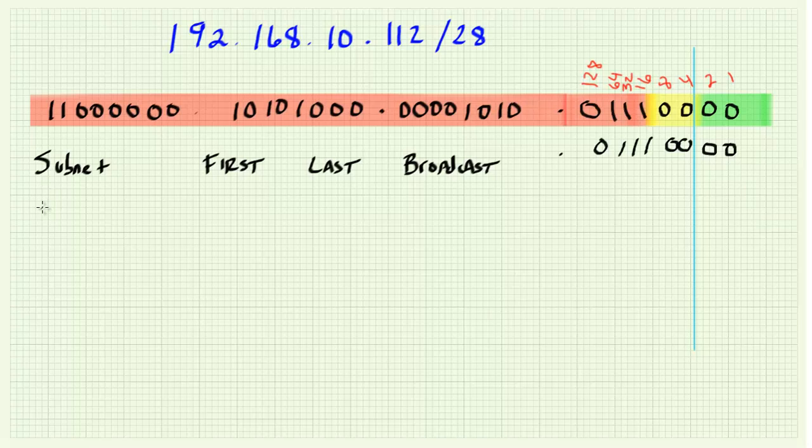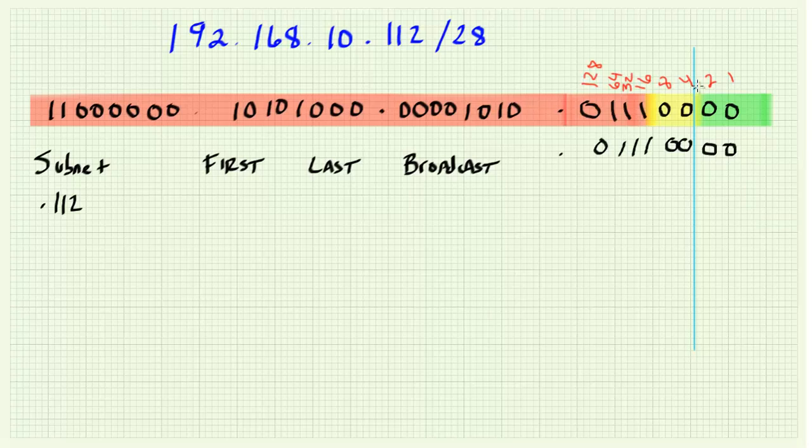So once again, I'm just going to use my shorthand and write the final octet there. We've done this enough now for you to be realizing that 192.168.10, that's been the same all the way through, so I'm just going to write 112, which is the last octet. So what's the next subnet going to be? Well, it's going to be the current subnet plus the increment. What is the increment?